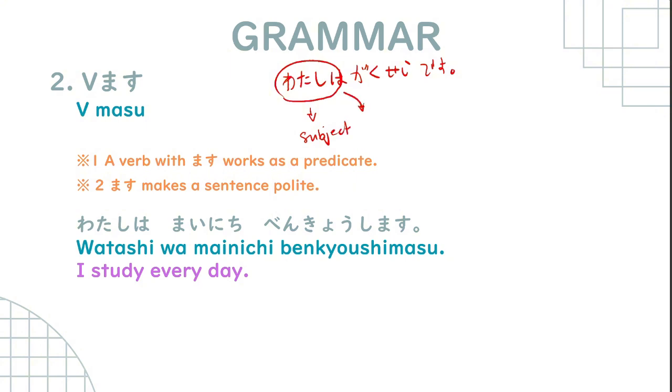What is the particle? This part, 学生です is the predicate. So what describes the subject? That is the predicate, okay?